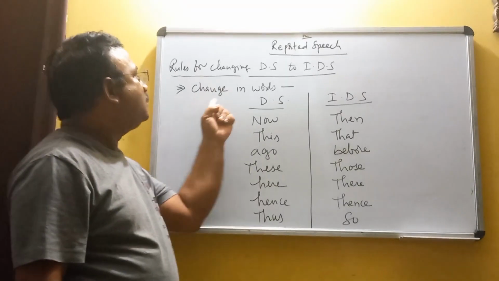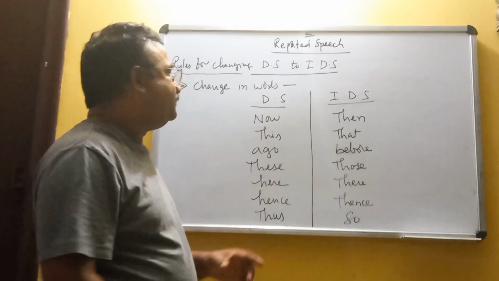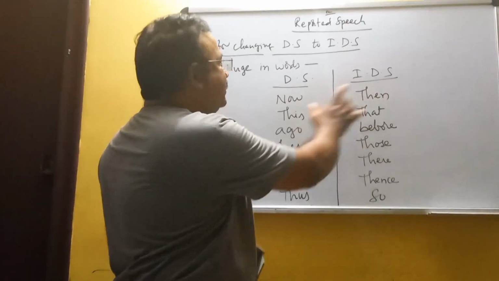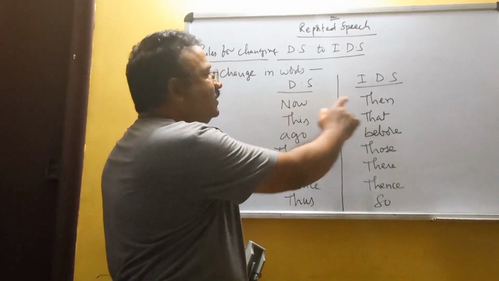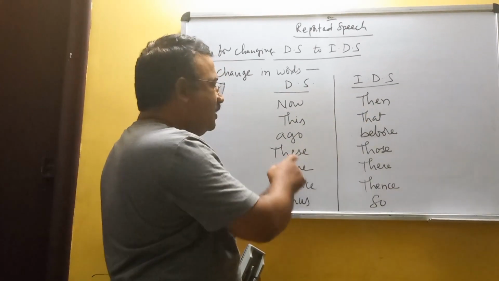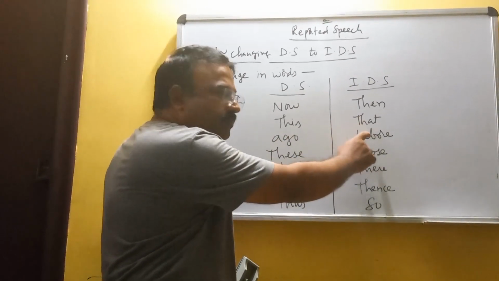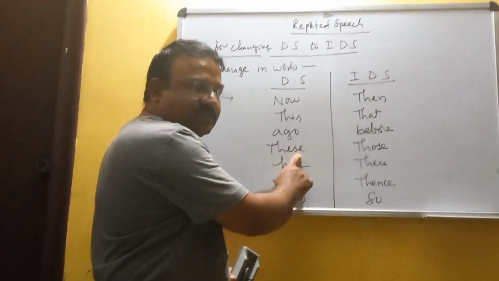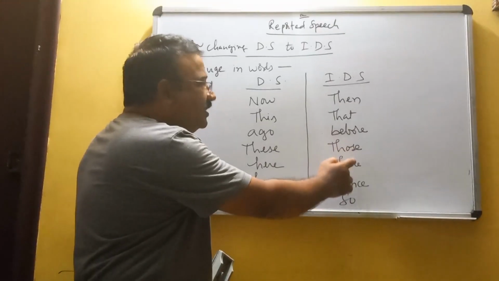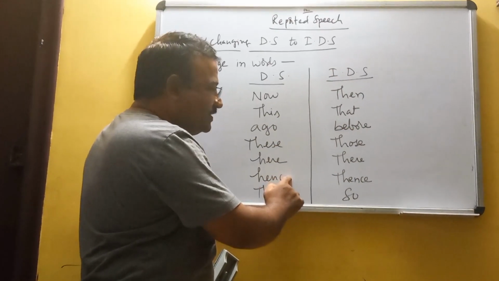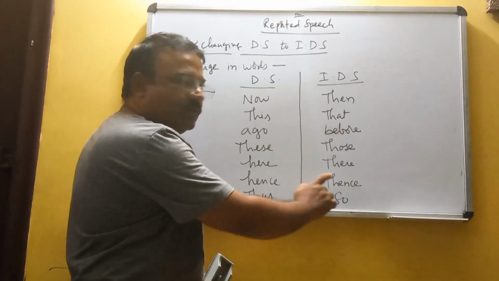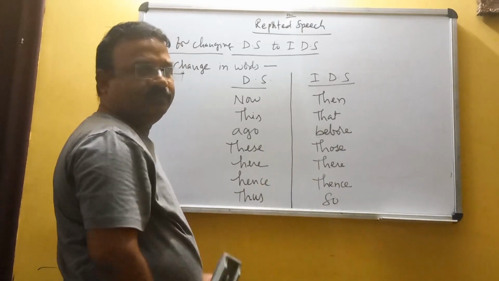Now the last rule: change in words. In indirect speech, now will become then, this will become that, ago will become before, these will become those, here will become there, hence will become thence, thus will become so.